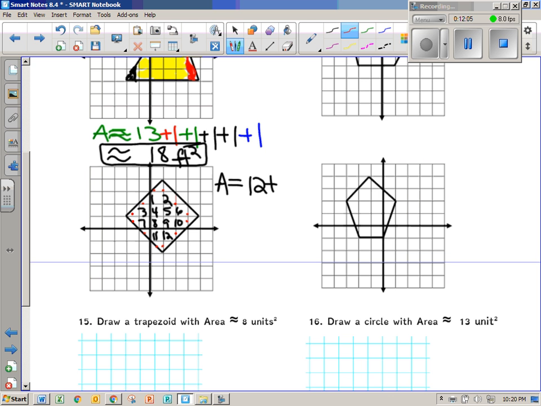Well, if we've got 12 halves, that's 12 times a half. So 12 times a half is 6. So again, we've got 18. Did I count that right? Let's see, 1, 2, 3, 4, 5, 6, 7, 8, 9, 10, 11. Well, I may just have 11.